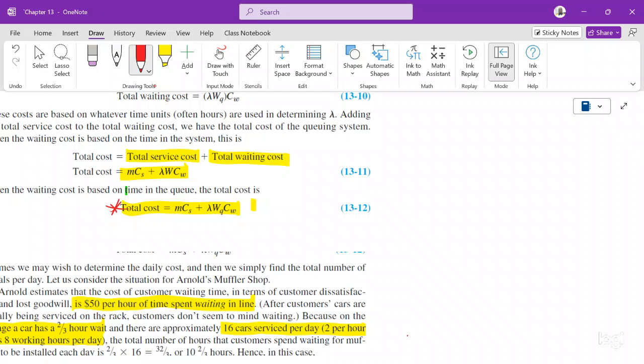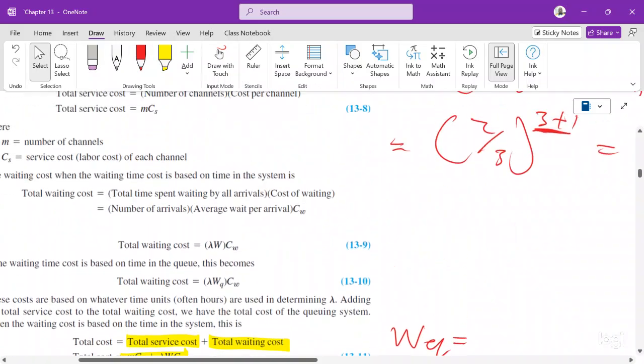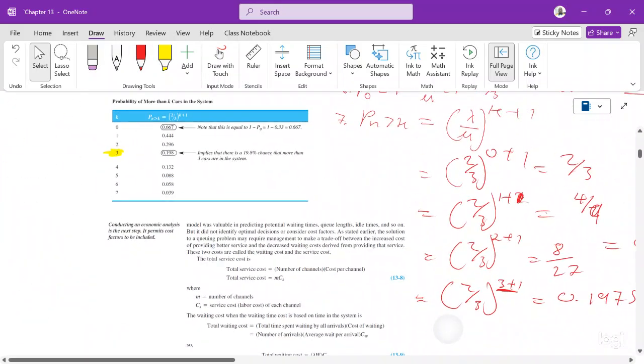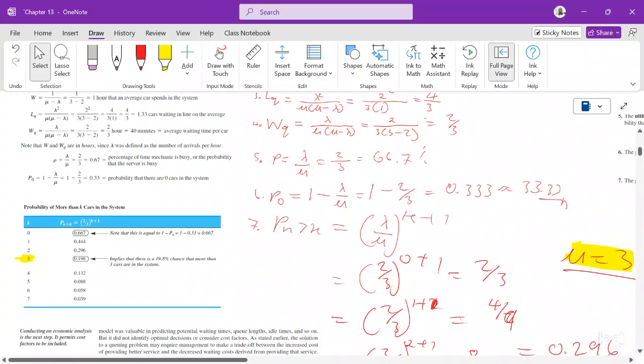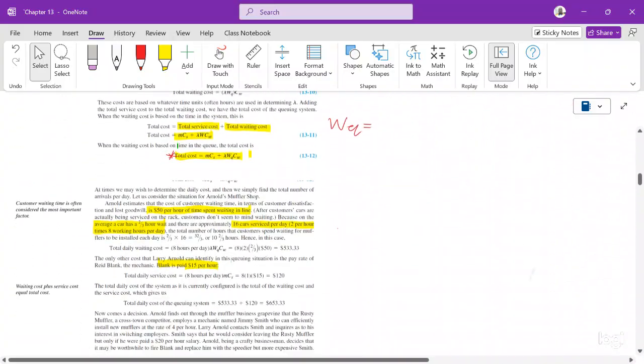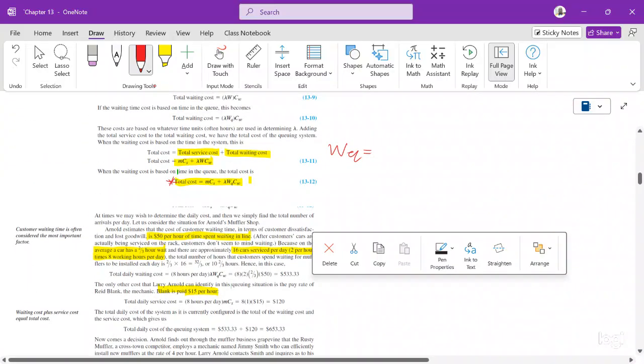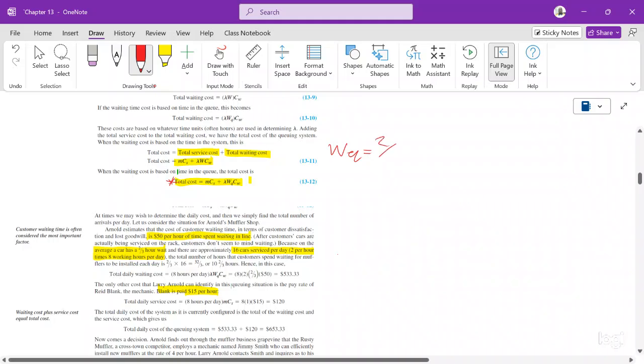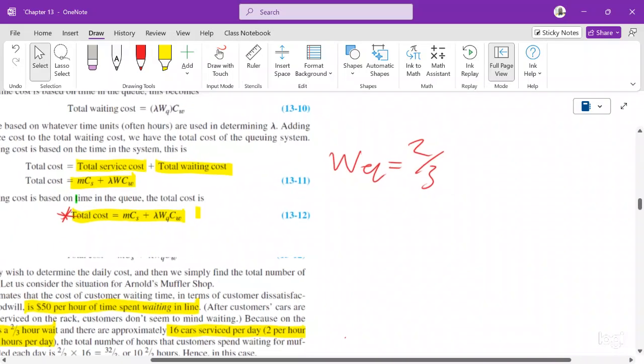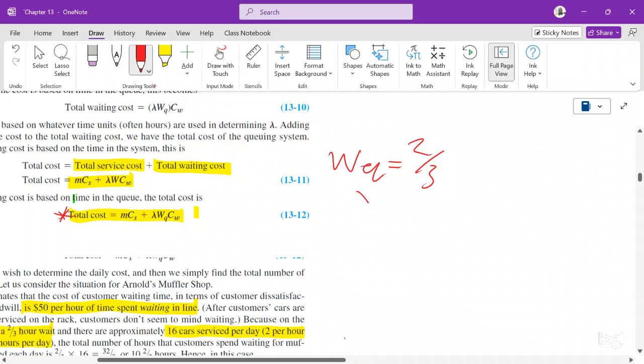So now you need to know that your WQ is equal to, you can go up and take your WQ there. Where's your WQ? You see there, 2/3. Your WQ is 2/3. All right, and then your rate at which your cars are coming in is 2.